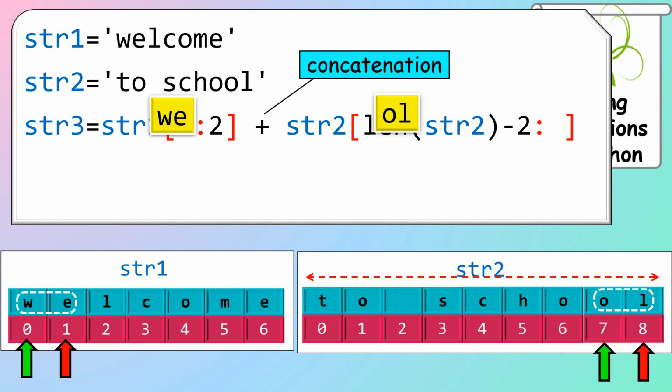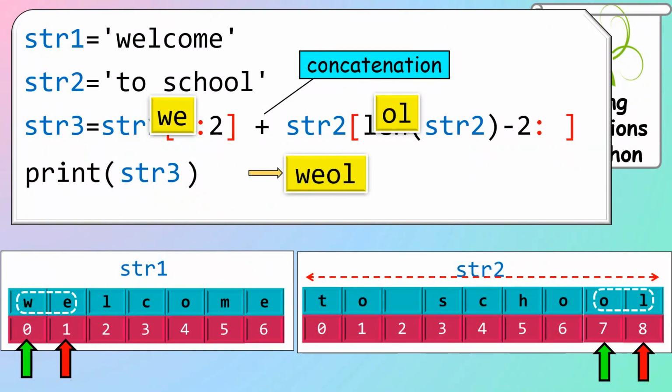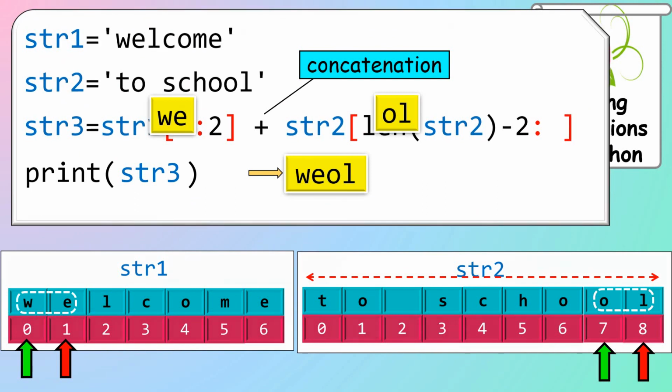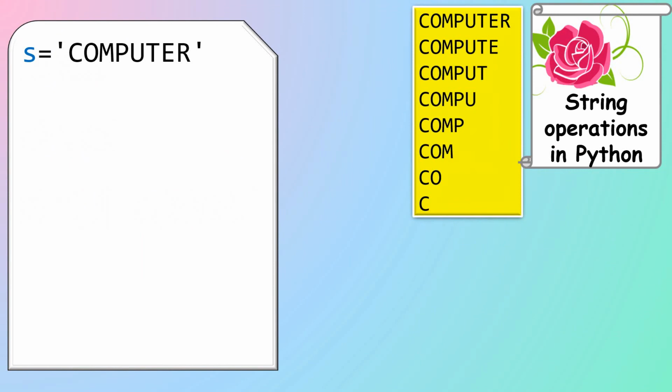Now the concatenation operator in between will join these two strings together and make it as WEOL. So that is stored in str3. So the next statement, print str3, will give the output as WEOL. Another book back question is to write a program to print the following string pattern.